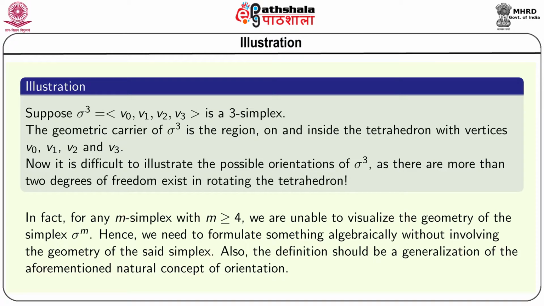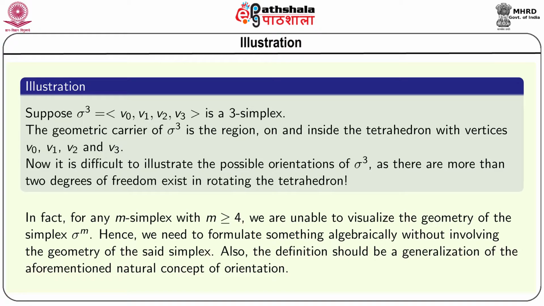Third illustration is with sigma 3 as V0, V1, V2, V3, the tetrahedron, the three simplex. Now, if we take sigma 3 as V0, V1, V2, V3, then it is difficult to illustrate the possible orientations of sigma 3, because more than 2 degrees of freedom exist in rotating the tetrahedron.